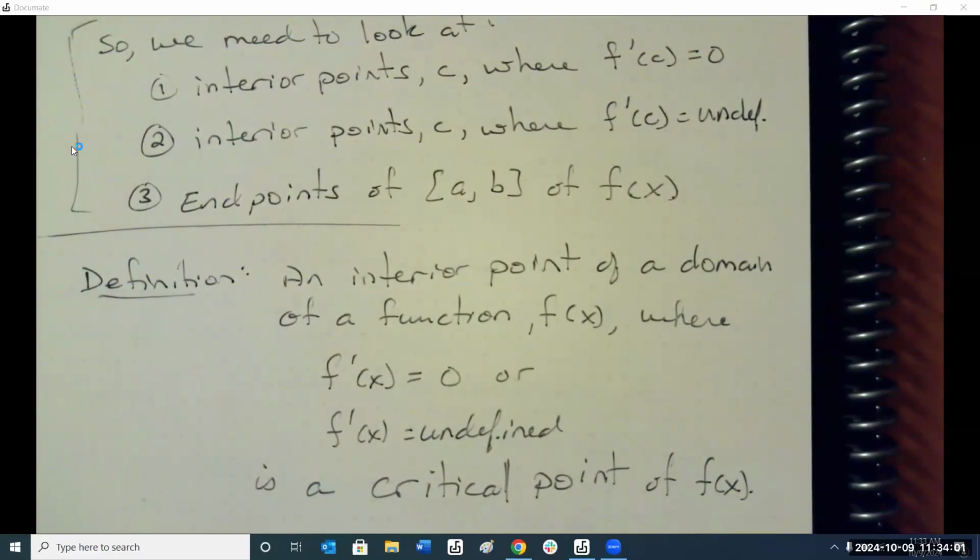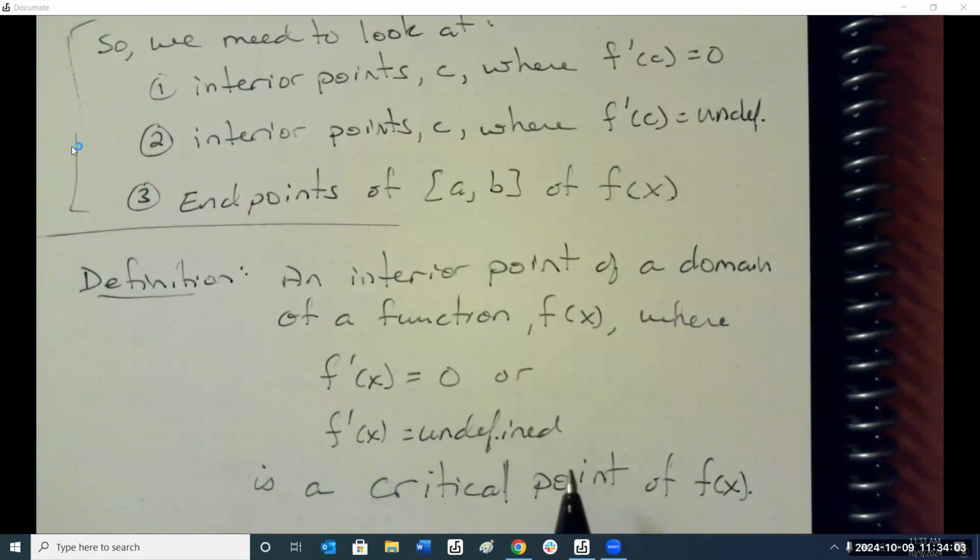So whenever asked to find critical points, pretty much find where the function's undefined and find the vertices.